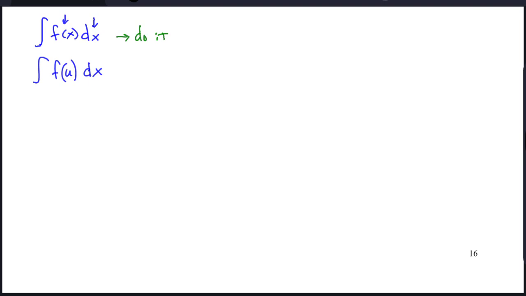This one we can't do. It's not in a position for us to integrate because there's not an agreement between the function input, which is in terms of u, and the differential, which is in terms of x. It doesn't agree, so we cannot compute this integral the way it stands right now.